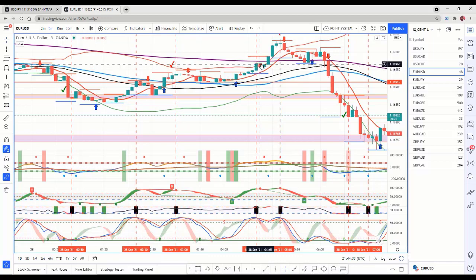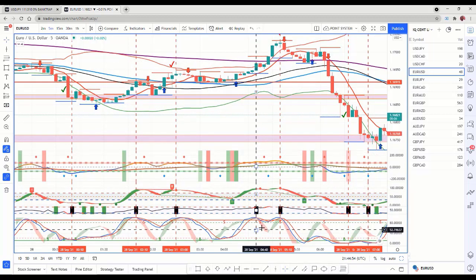Okay, now look at this. If I entered the market here for a sell, it would have been risky for me. Why? Because the only confirmation I have is 1, that it passed the Bollinger Band, though it didn't touch the moving average. 1, 2, and 3.